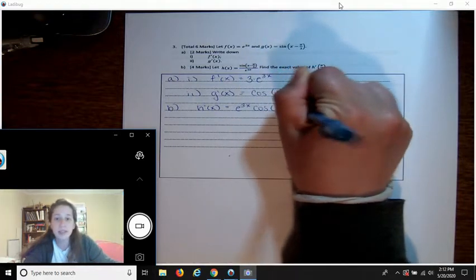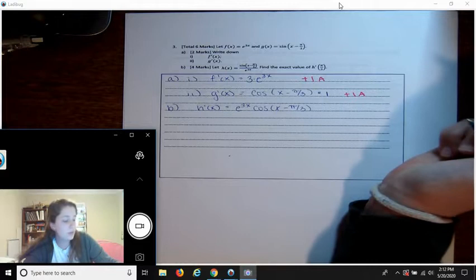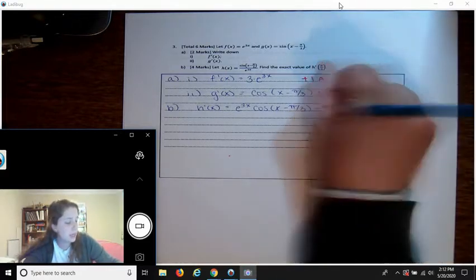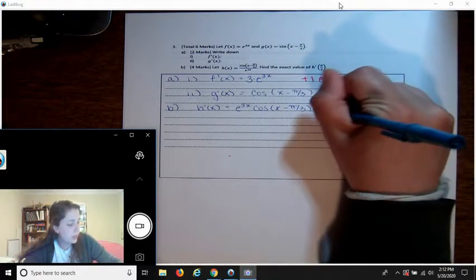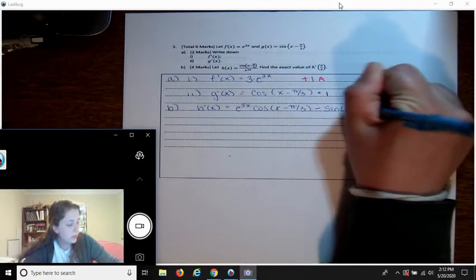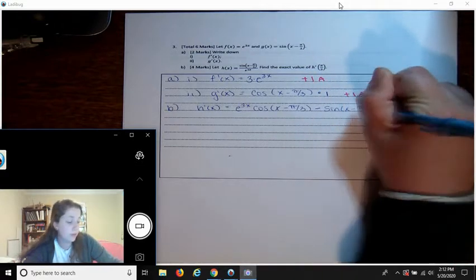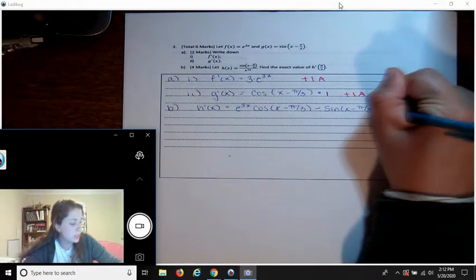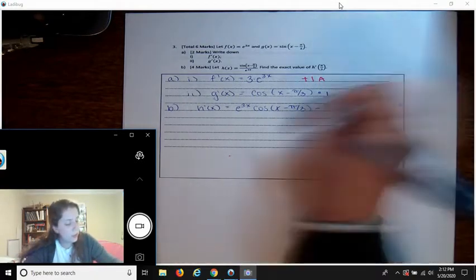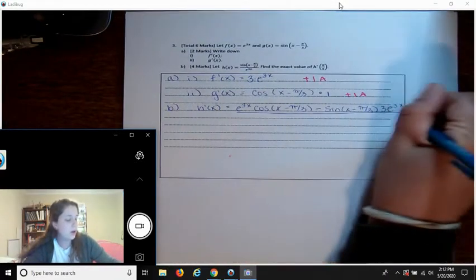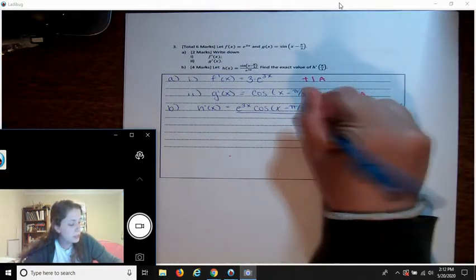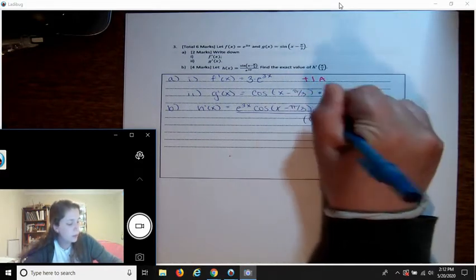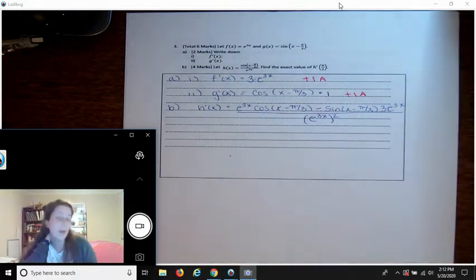So ho d high minus high, sine of x minus pi over 3, d ho, the derivative of the bottom, which is 3e to the 3x, all over ho squared. I'm going to write it this way, but when you have a power to a power, you multiply, so it's really e to the 6x.